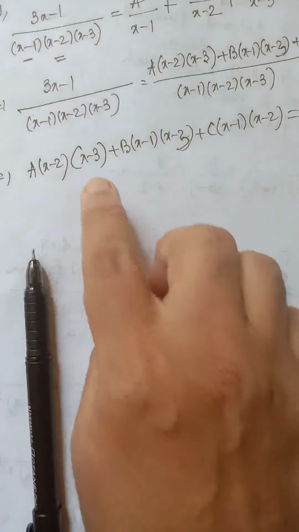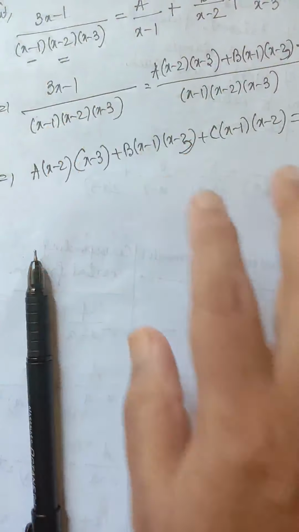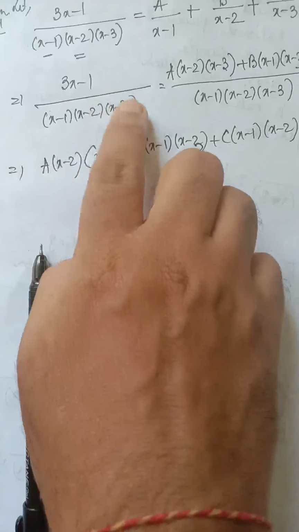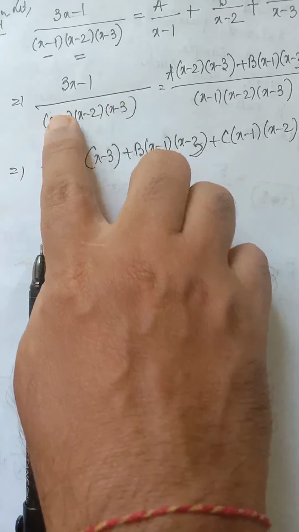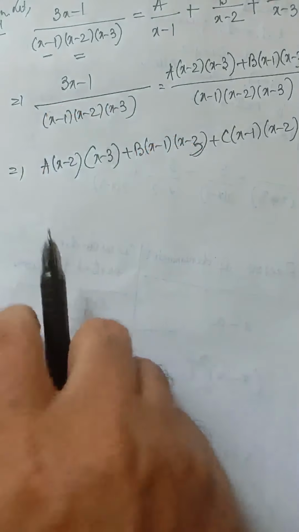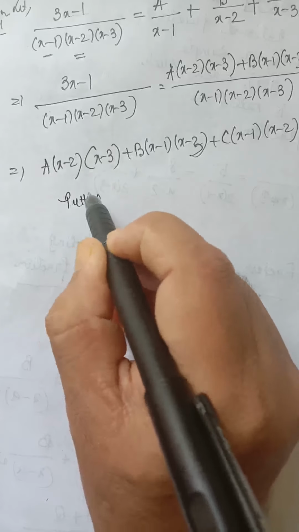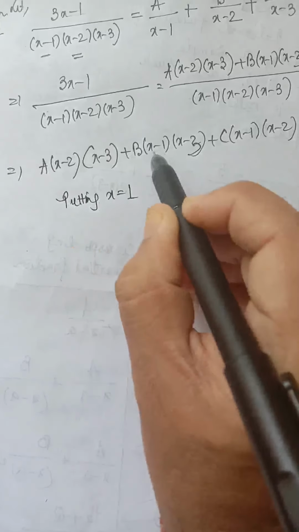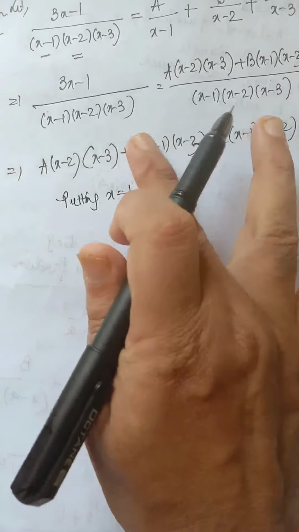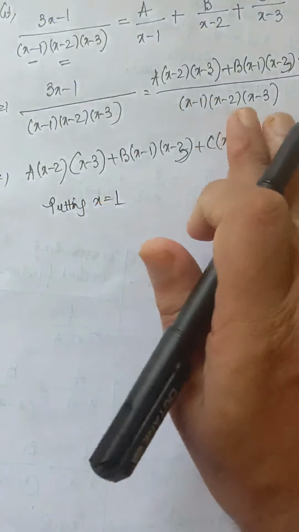Now you can see the denominator: x minus 1, x minus 2, x minus 3. When x minus 1 will be 0, that is when x equals 1. So first, putting x equal to 1: 1 minus 1 will become 0, so this term will be 0, and this term will also be 0.